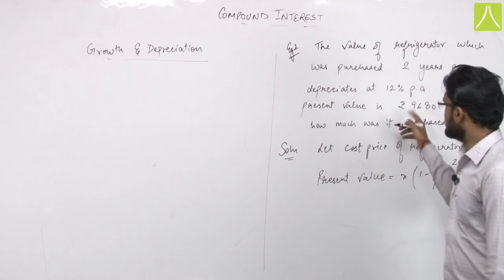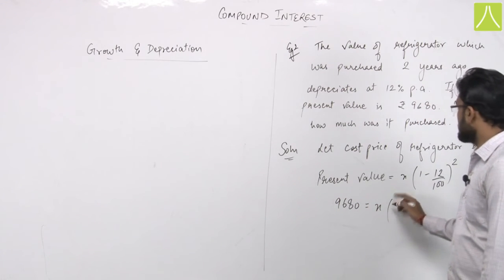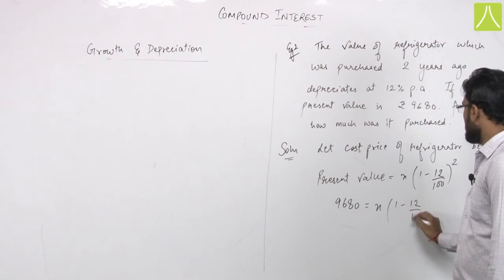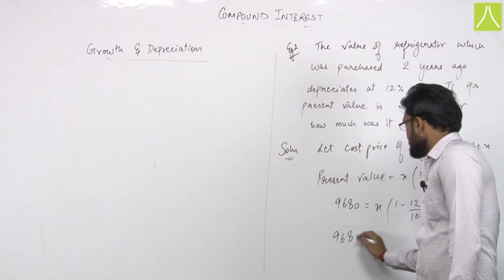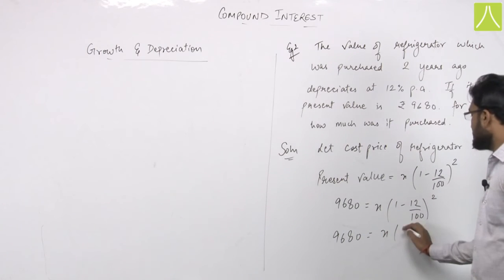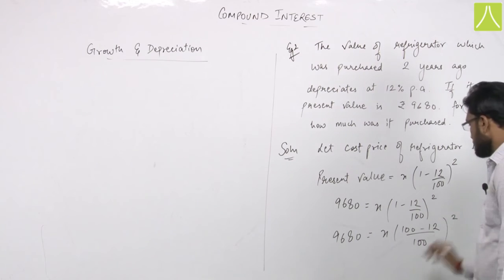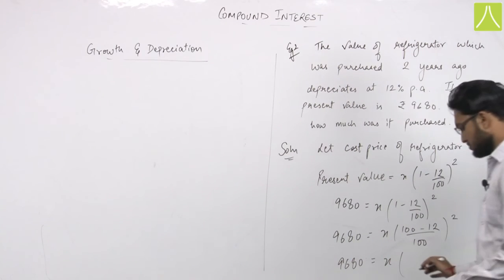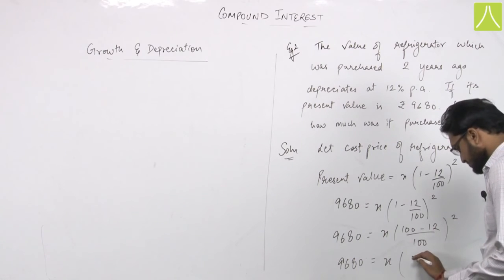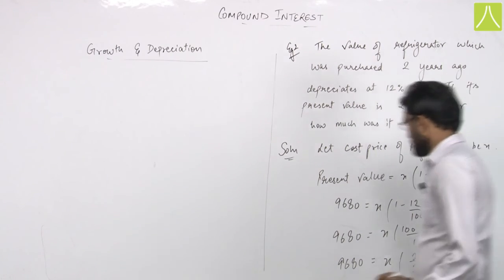Now the present value given is 9680, which is equal to X into 1 minus 12 upon 100 whole square. Solving this, 9680 is equal to X into 100 minus 12 divided by 100 whole square, which is 9680 equals X into 22 divided by 25 whole square.